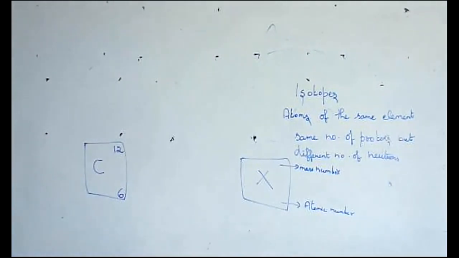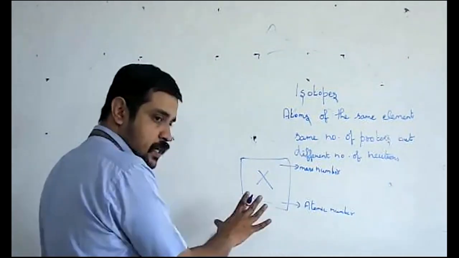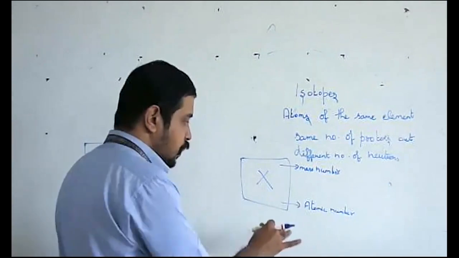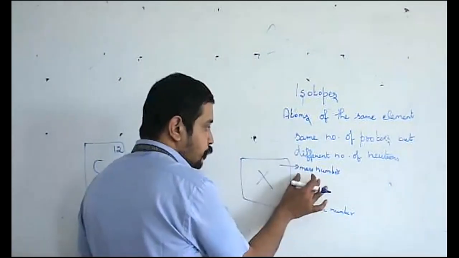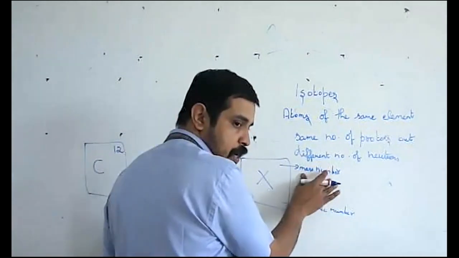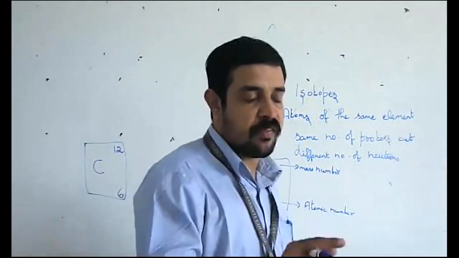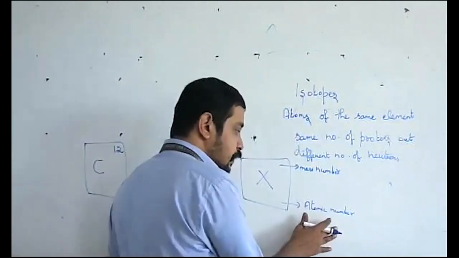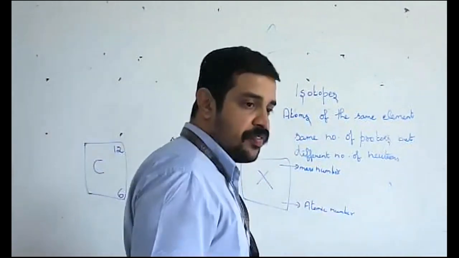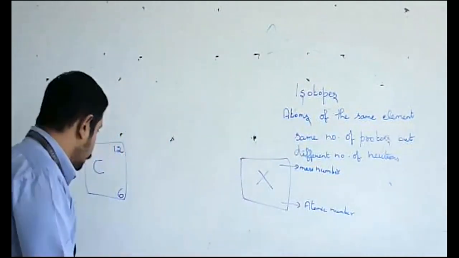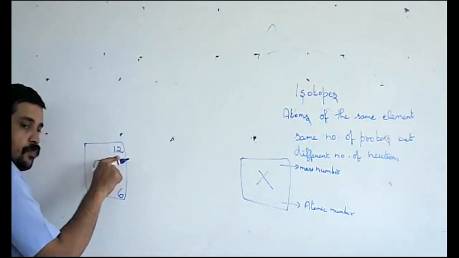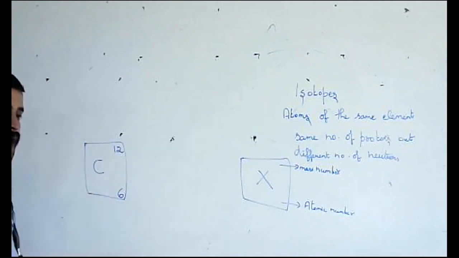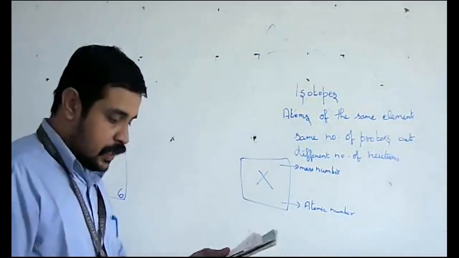Okay, so please follow that. Any element with its symbol is represented here. Mass number is the number of protons and neutrons, and the atomic number is the number of protons. So for carbon, we have mass number 12, atomic number or proton number 6.